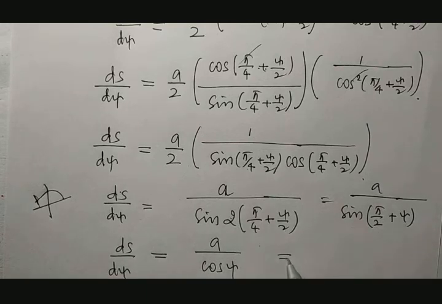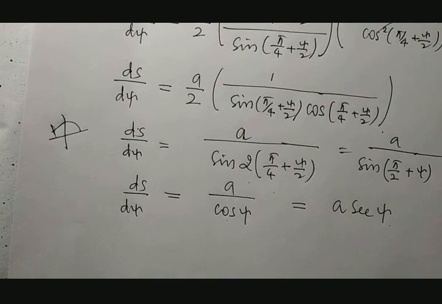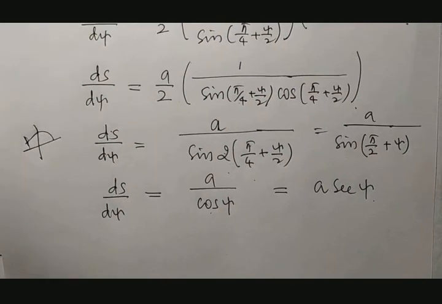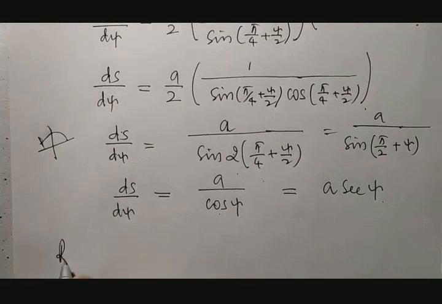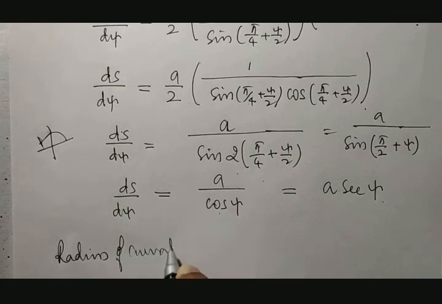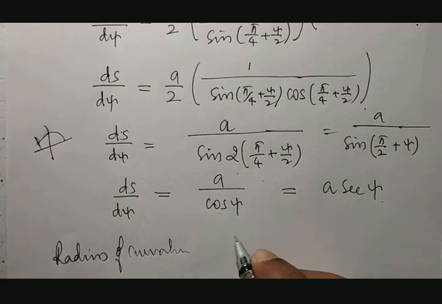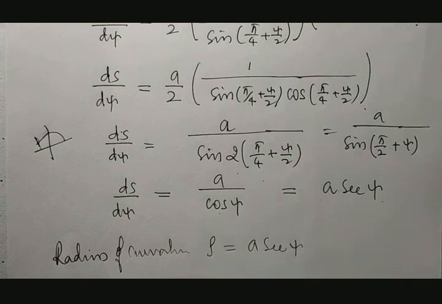Therefore, this is equal to a into 1 by cos, that is sec ψ. Therefore, the radius of curvature for the given curve is ρ = a sec ψ. So this is the important result for the given curve.